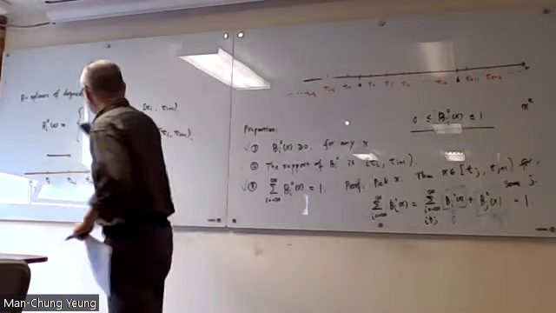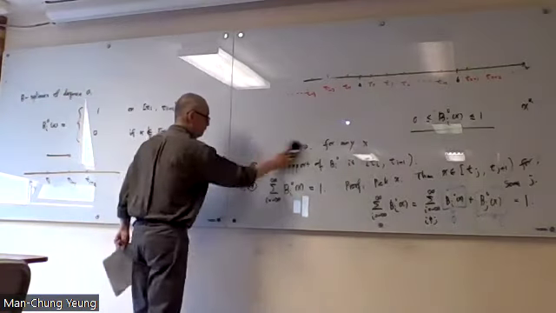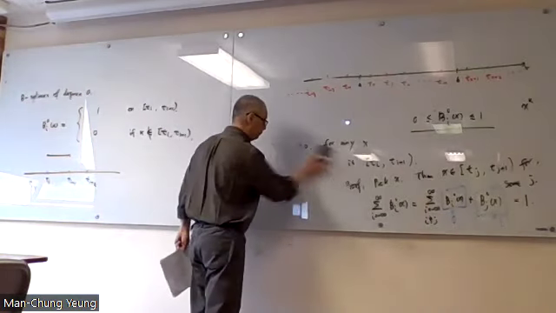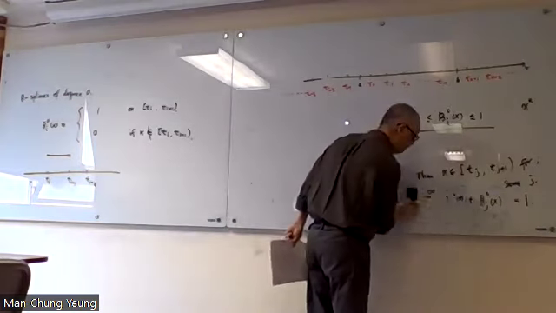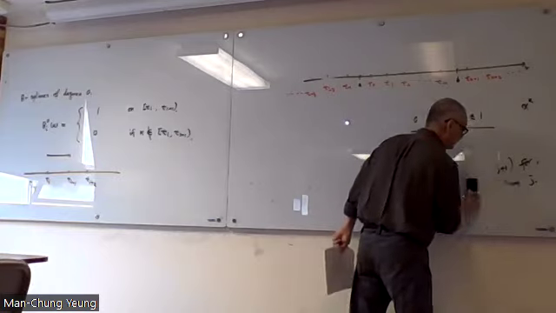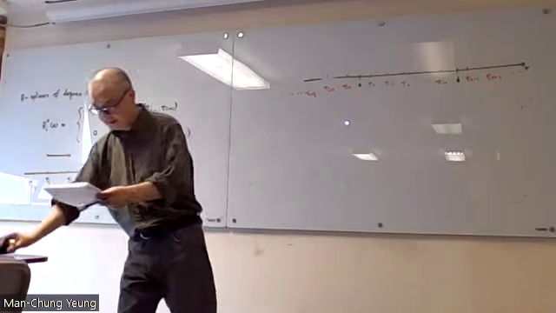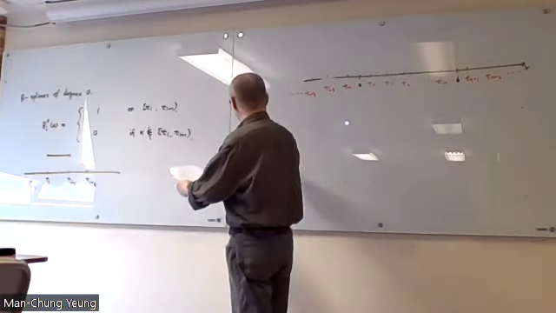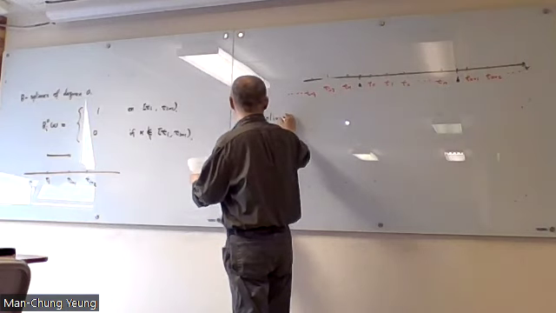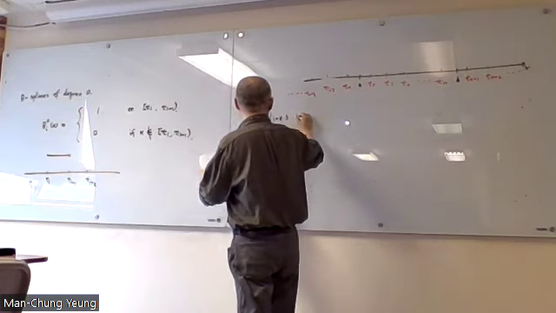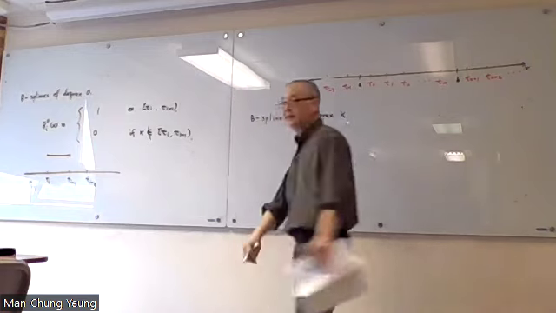Now starting from b_i0, we can define b_ik, where k is the degree. Basis spline of degree k.